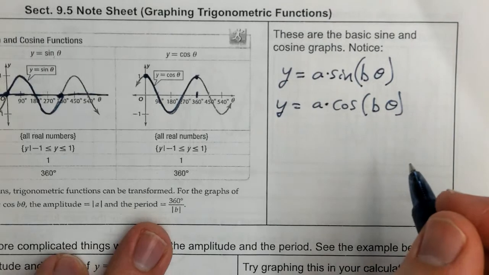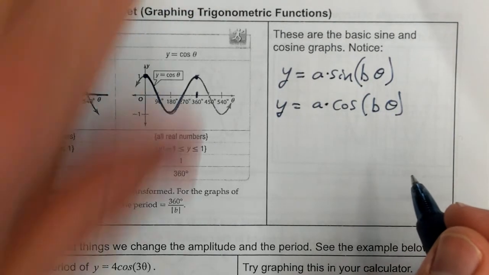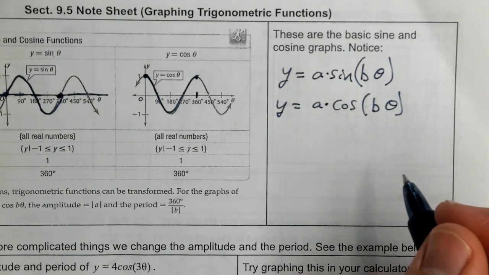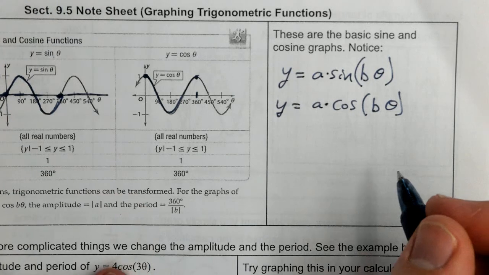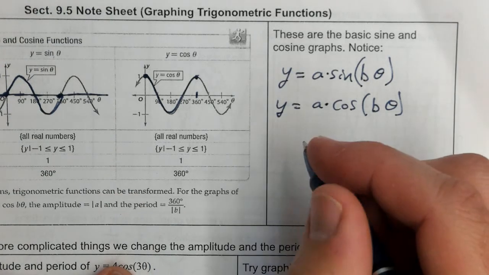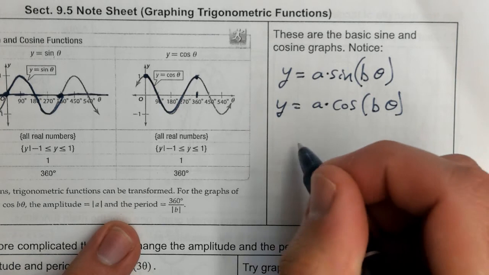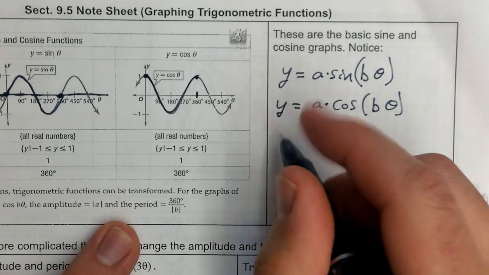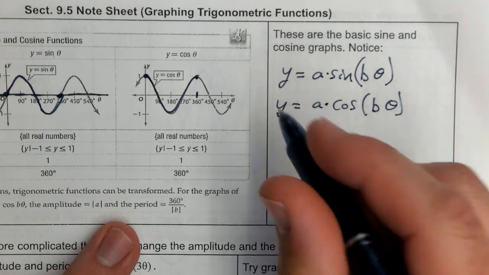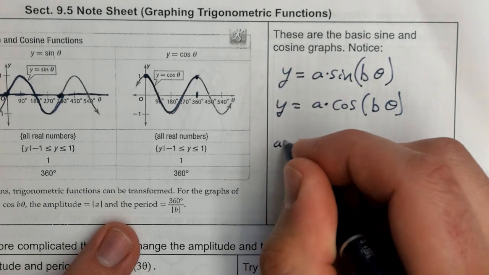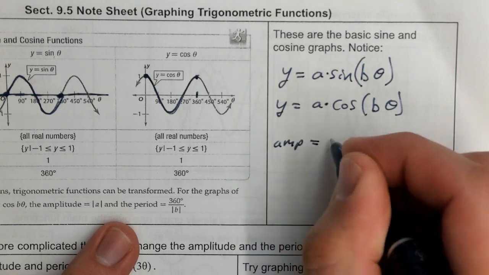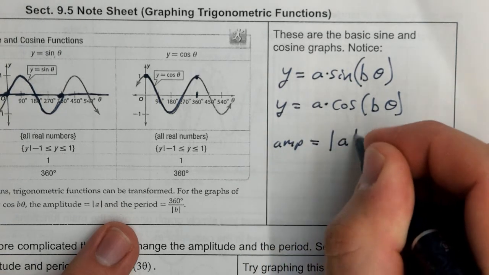This is important because with this information you can figure out the amplitude and the period. It's written over here pretty small, and you really need to have this at easy access. Amplitude is equal to the absolute value of whatever A is.